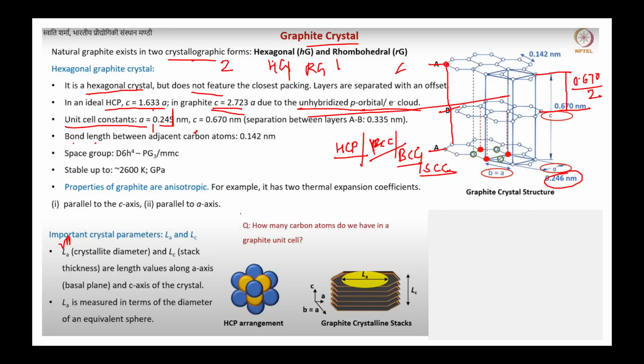Do you know how many carbon atoms we have in a graphite unit cell? Four. Okay, do you know how this four will come, the calculation?